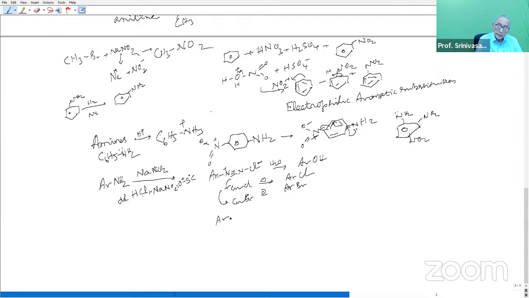Diazonium chloride plus HBF4: you just make a salt and then heat it, you get aromatic fluoro compound.